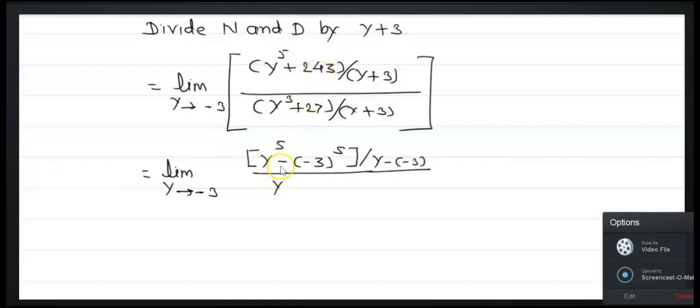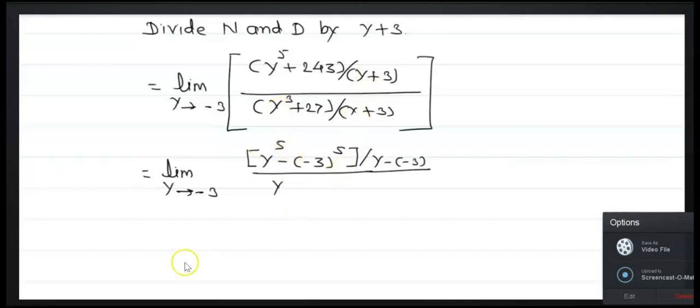Here we adjust the minus sign, but the meaning doesn't change. That is, y raised to 5 plus 243 upon y minus (minus 3), which is y plus 3. If we simplify this, then you get it like this, because we are trying to bring it into that form. That is the form that we require here.